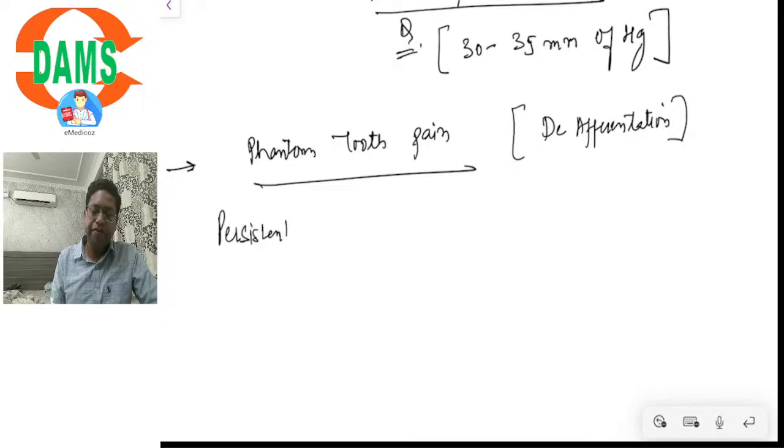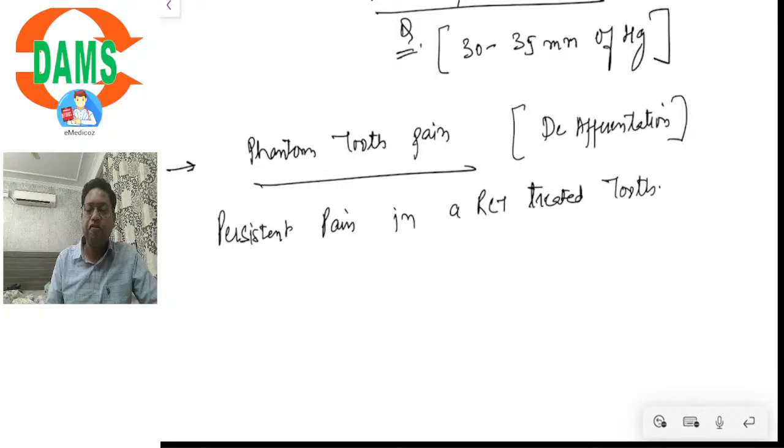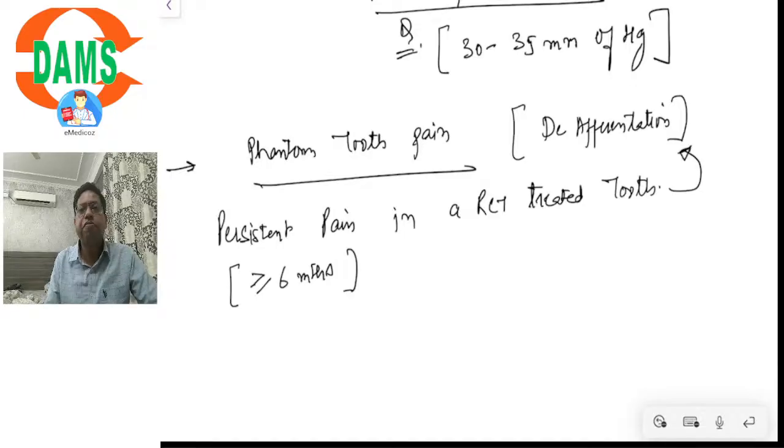persistent pain in an RCT treated tooth, a clinical phenomenon of persistent pain in a root canal treated tooth. Persistent pain, any pain of greater than or equal to 6 months duration, is defined as persistent pain. RCT treated tooth means all the nerve fibers have been removed from the pulp.